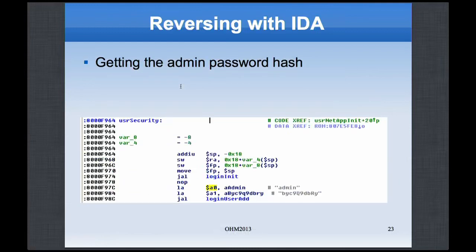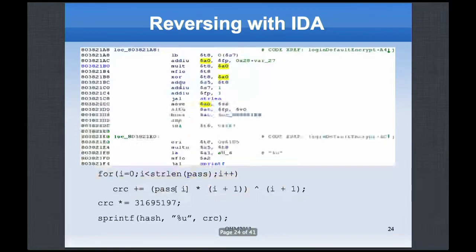In userSecurity, we found that on the last three lines, you got two variables put in the parameter registers. Obviously, the first one looks like a username, and the second one is some kind of hash. So we had to reverse the hash function to know if we could break the password in some way.